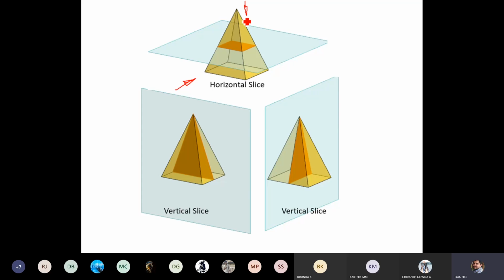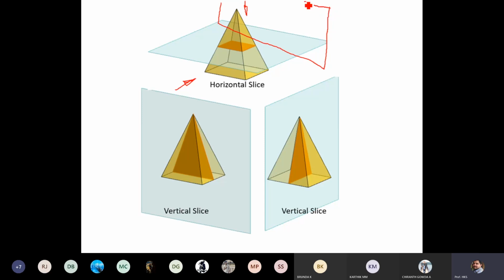Now here this cutting plane is horizontal, so it is parallel to HP and perpendicular to VP. If you consider a vertical plane, it will be like this.